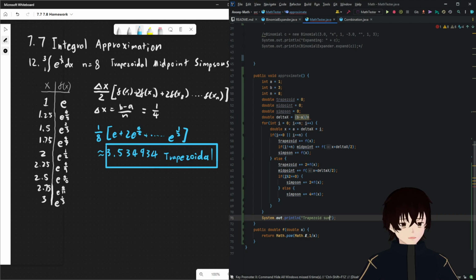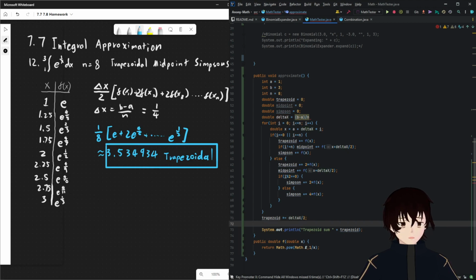Trapezoid sum. Alright, so let's do this. Trapezoid times equals delta x divided by 2, right? Delta x divided by 2. Midpoint times equals delta x.